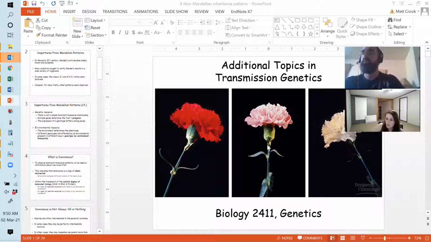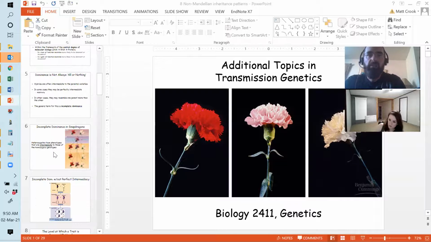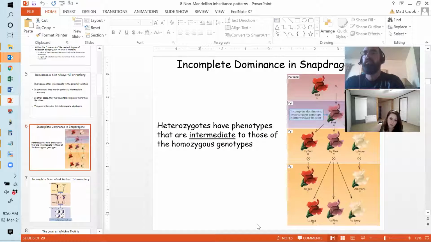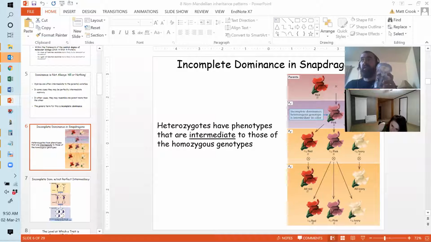Right, so if you do a cross with snapdragons, you'll see that if you cross two heterozygotes together, which have an intermediate phenotype, neither of their parents, but somewhere in between, then you will get a 1:2:1 ratio of red to pink to white or ivory flowers, right? Those two things together is the classic incomplete dominance inheritance, I guess.